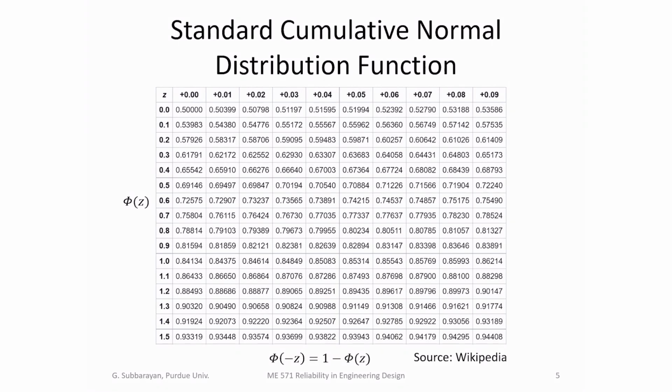So let's go back to the table from the previous module. I need to find the value corresponding to 1.3333. But the table is only accurate to second decimal place, so it only has value up to 1.33, and that is 0.90824 from the table.